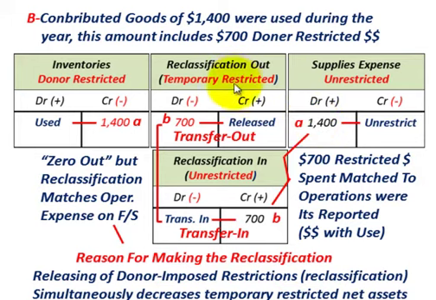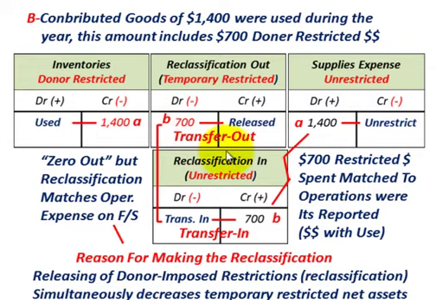And then in this reclassification, of the amount that we actually had of the donor restricted amount, we would transfer it out. So we release these funds by debiting, or reducing, our reclassification out from the temporarily restricted amount for $700. That was the donor restricted amount of the inventories or goods that we used.